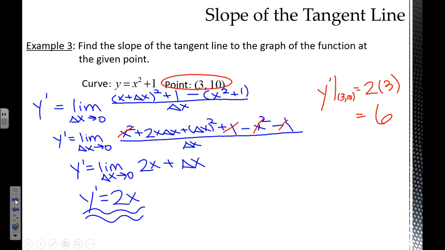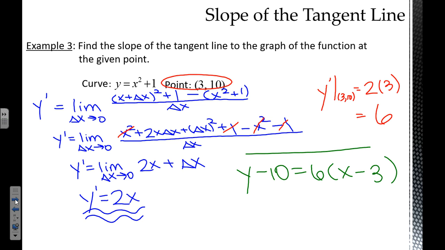Now, what if I actually wanted you to write the tangent line? Remember how we talked a lot about point slope form? This is where I want it. If our coordinate is (3, 10), y minus 10 equals slope times x minus 3. Here would be the tangent line equation.